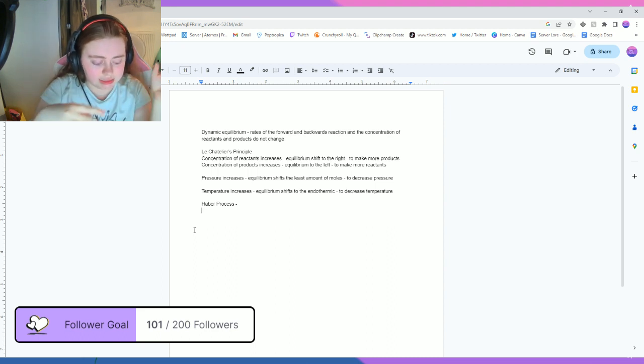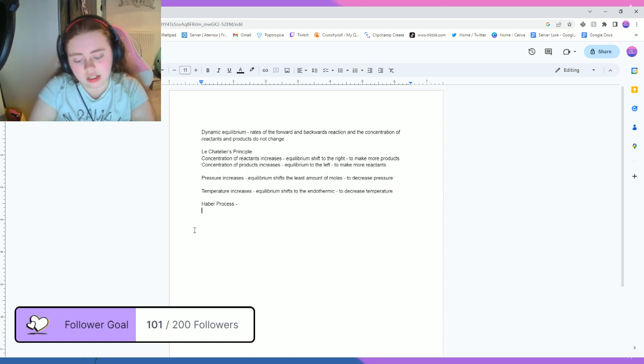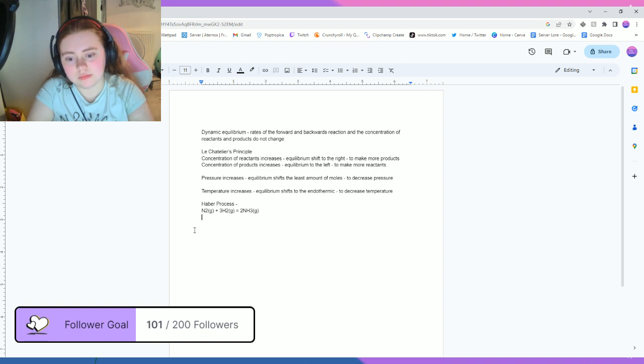So the Haber process is a reaction. It's N2, nitrogen gas, plus 3 moles of hydrogen gas. I don't have the reversible reaction signs on there, so we have to just deal. Which makes 2 moles of ammonia gas.